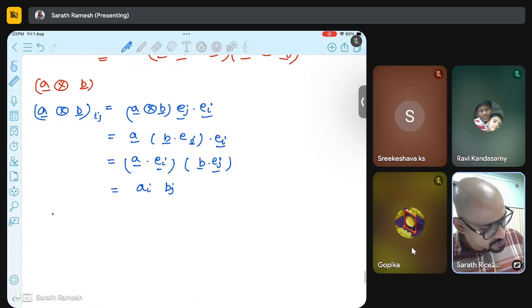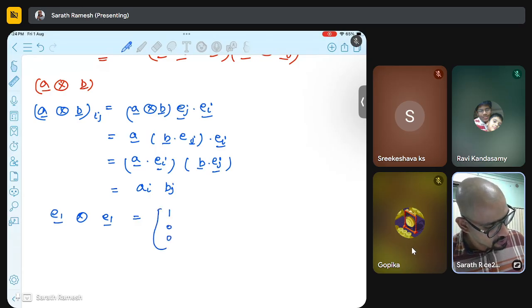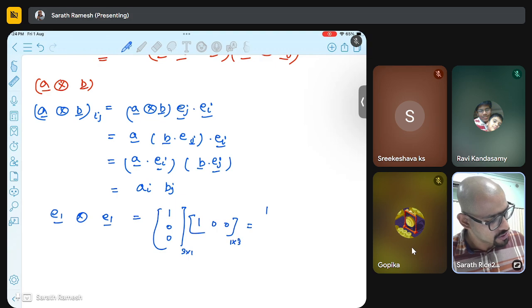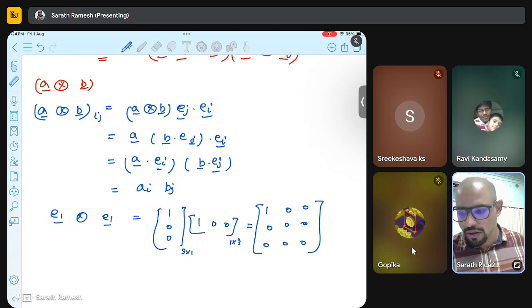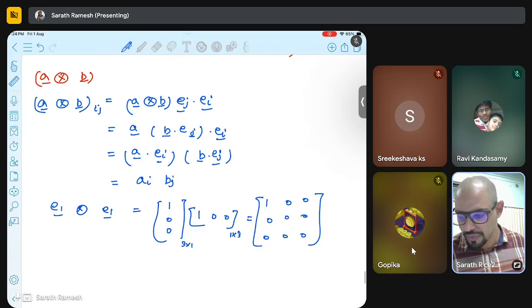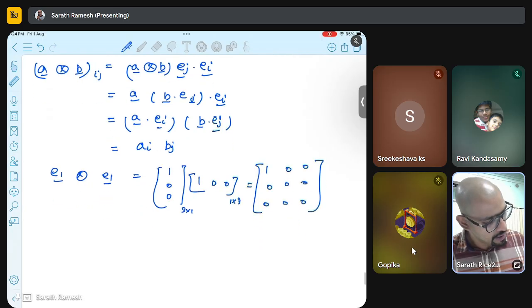Which means, suppose I have e1 tensor product e1. That is the dot product of 1 0 0 with 1 0 0, which gives a 3 by 1 times a 1 by 3, so a 3 by 3 matrix.